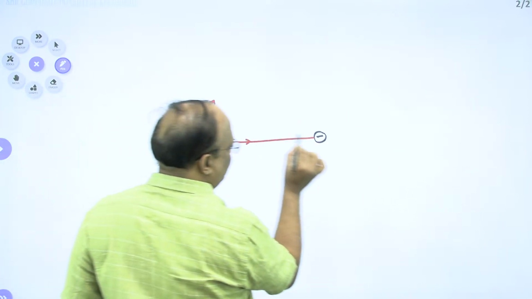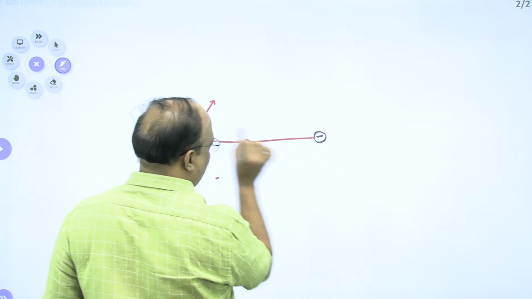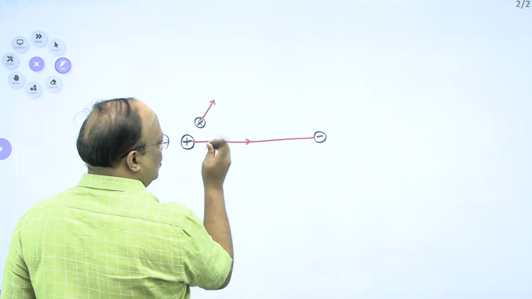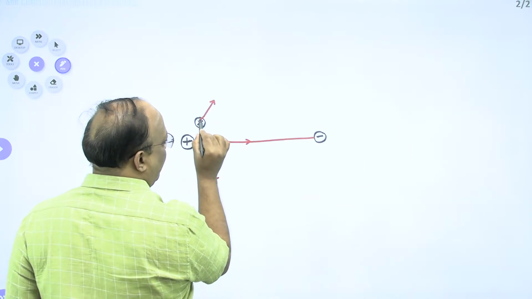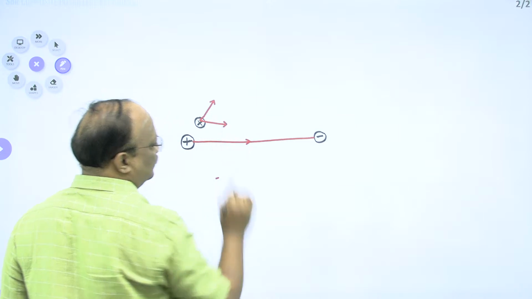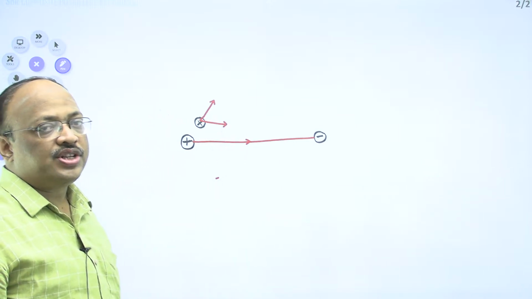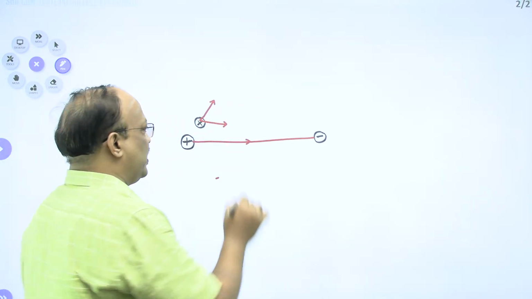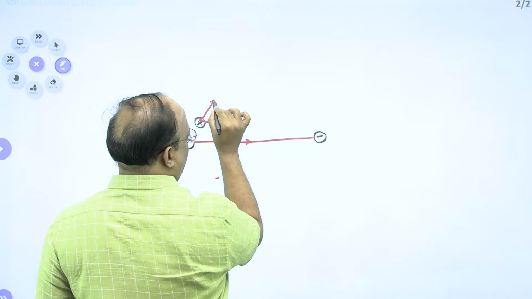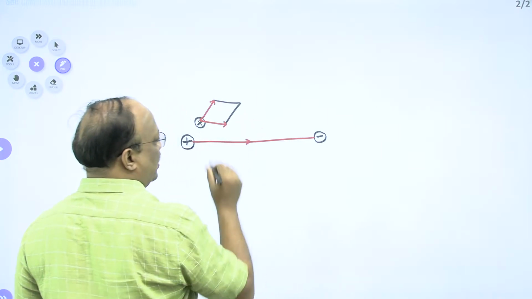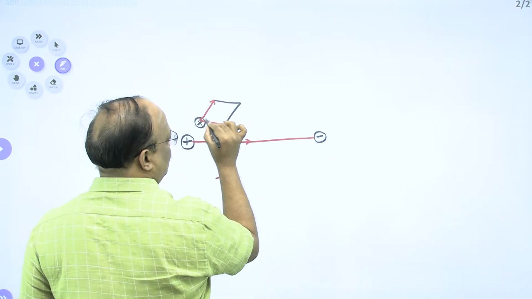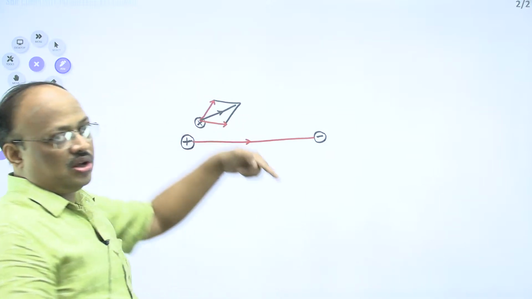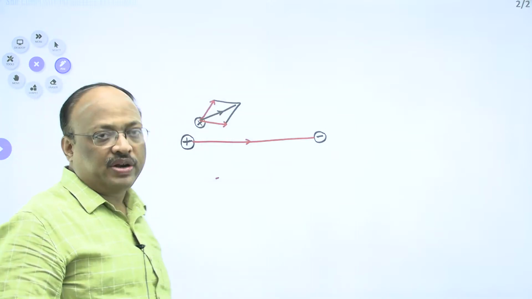Whereas this negative charge attracts it, the force acting along the line joining the two charges. In which direction will it move? The vector sum of these two forces, in the sense that you are completing the parallelogram. So this charge will move in this direction. It will neither go like this nor like this; it moves in between like this.